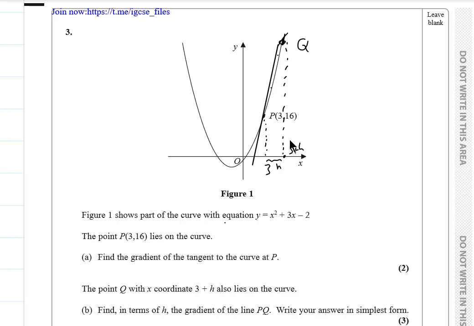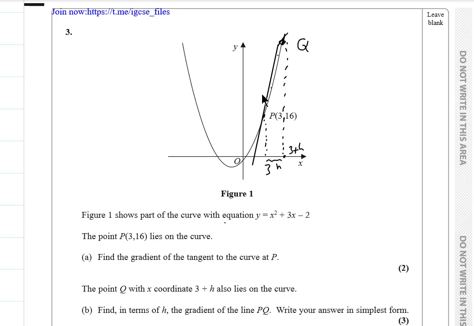We can say that as Q approaches P, as h tends to 0, the secant, which is the line PQ, will be very close to a tangent.